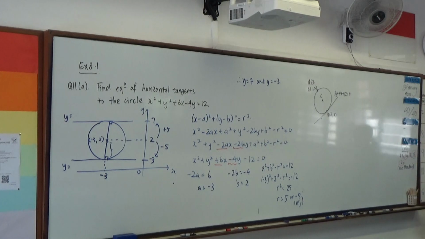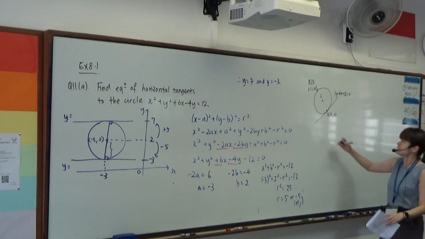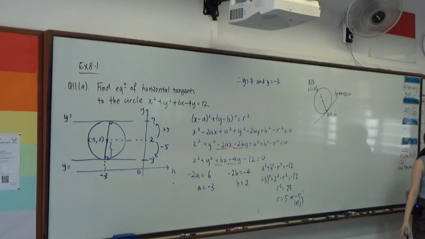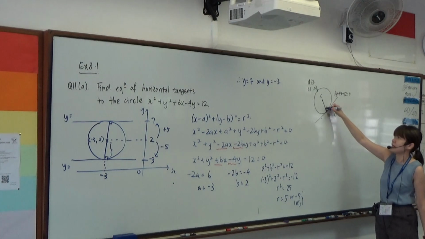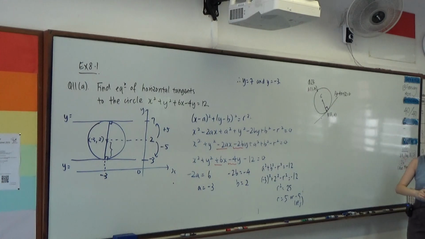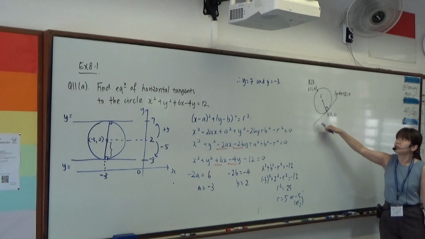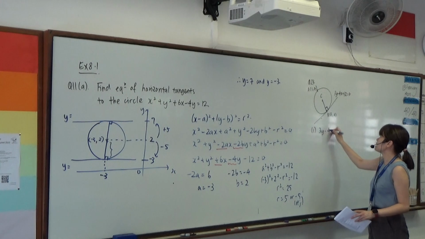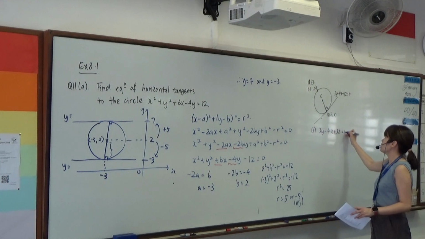Okay, let's look at question 23. They provided you with a diagram, and they want you to find the equation of the line BC, C being the center, B being the point on the tangent. By our property of tangent perpendicular to radius, we know that there must be perpendicularity over here. Since I know the equation of the tangent already, I can manipulate that to figure out the gradient of the tangent.